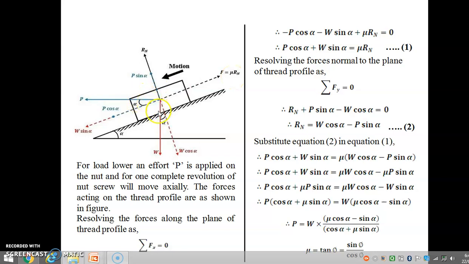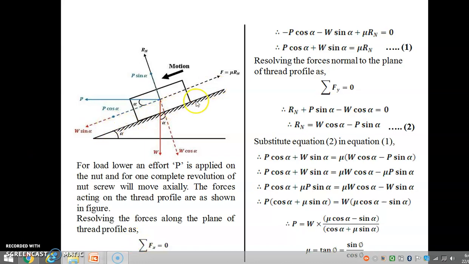After resolving the forces in the sliding direction and in the normal direction, we will get W cos alpha, W sin alpha, and here P cos alpha and P sin alpha. Then summation Fx is equal to 0, resolving the forces along the plane of the thread profile.